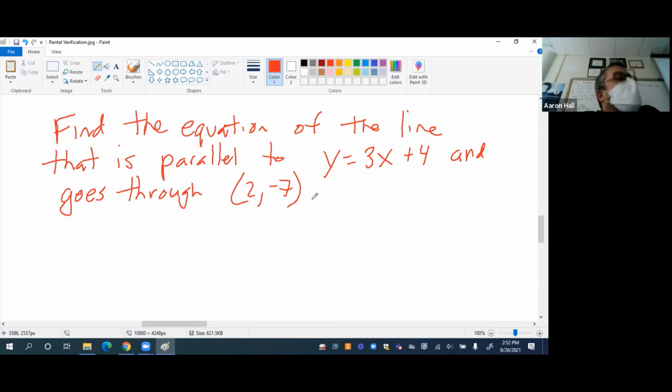Let's do slope-intercept. How do I do that? Find an equation of the line that is parallel to this equation.